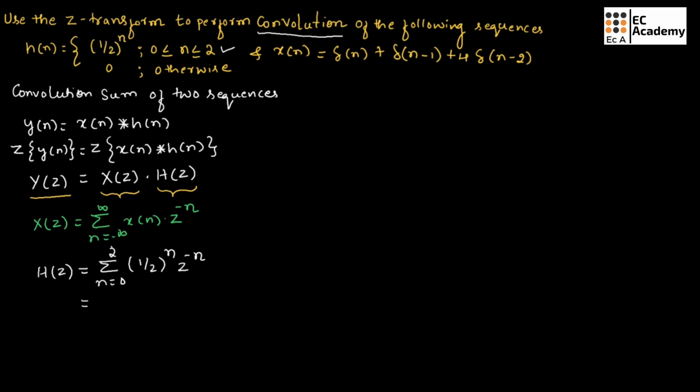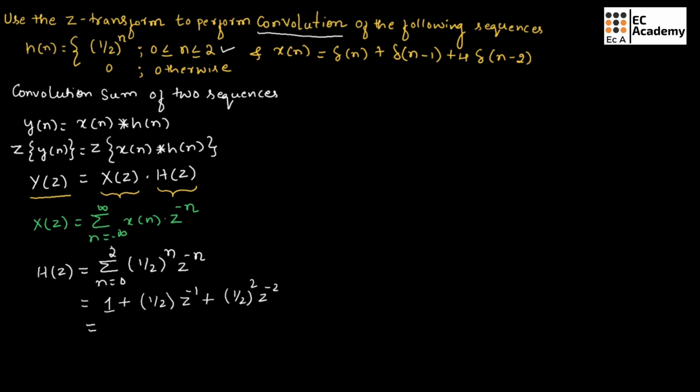If we put n is equal to 0, we'll get 1 plus, if we put n is equal to 1, we'll get (1/2) to the power of 1 into z to the power of minus 1 plus, if we put n is equal to 2, we'll get (1/2) to the power of 2, z to the power of minus 2.